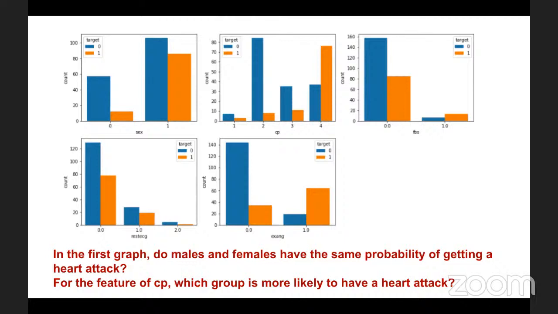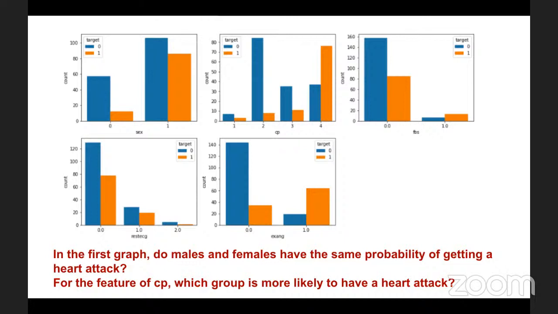And for example, this one, I'm not sure. In each of these three groups, this proportion, this ratio is almost the same. Maybe 2 and 1, and 2 and 1. So not sure if this variable affects the probability of a heart attack or not. Does that make sense?